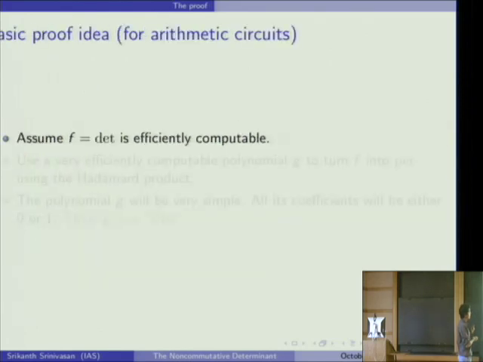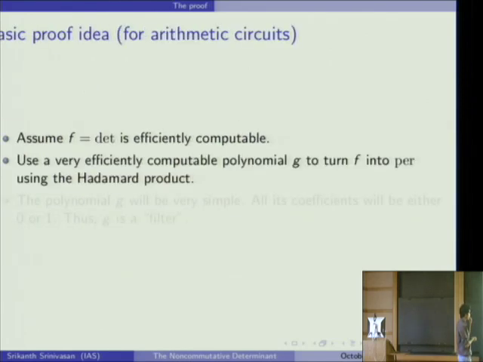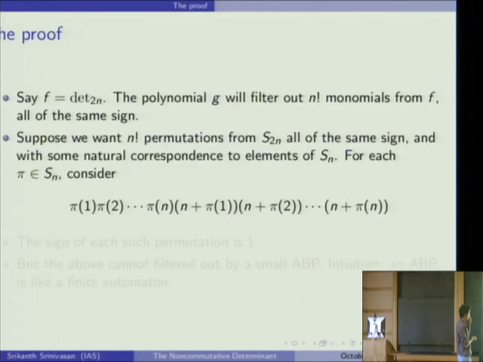So it turns out that if there is to be a small polynomial-sized ABP to filter out exactly these monomials, it seems that such an ABP would have to store this entire permutation and check these entries, and therefore it seems this kind of thing is not possible, because the number of states that would be required here seems to be exponential.